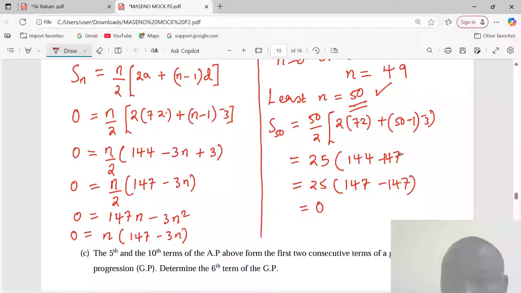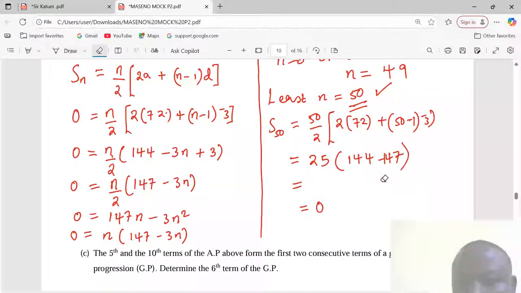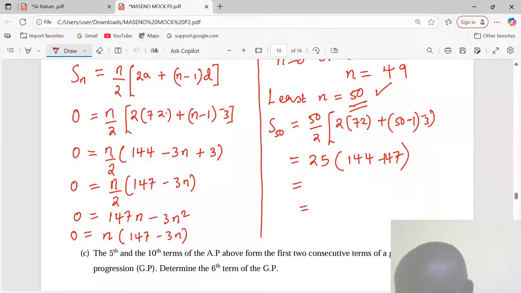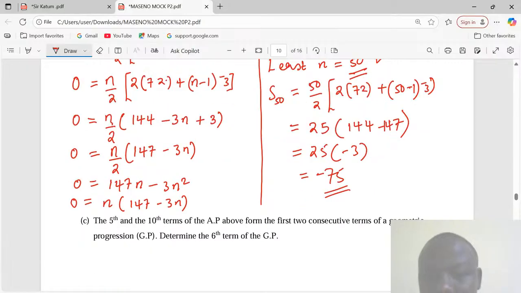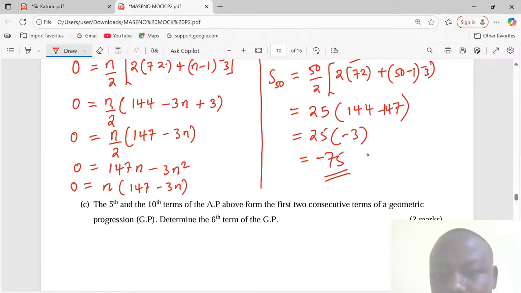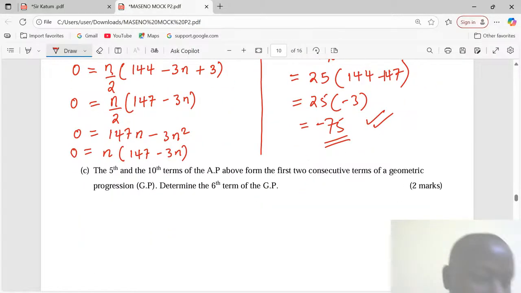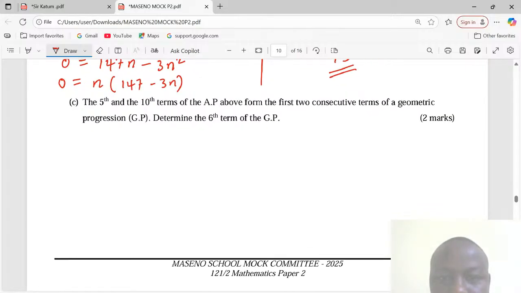So that we talk about 144 minus 147, negative 3. 25 by negative 3 is equal to negative 75. Yeah, negative 75. Very true. Thank you for those who have attempted and are correct. That is really amazing work.